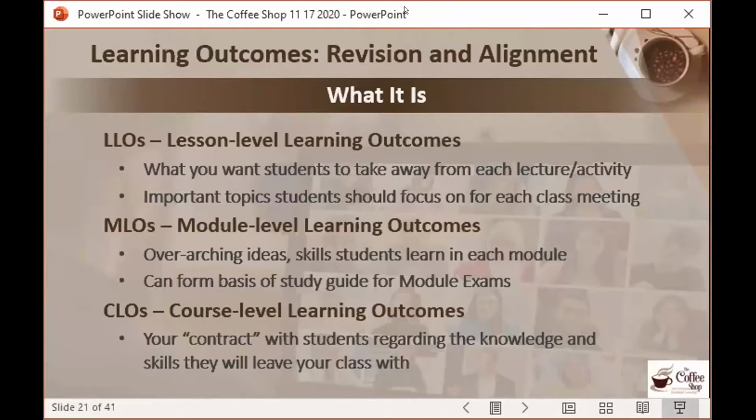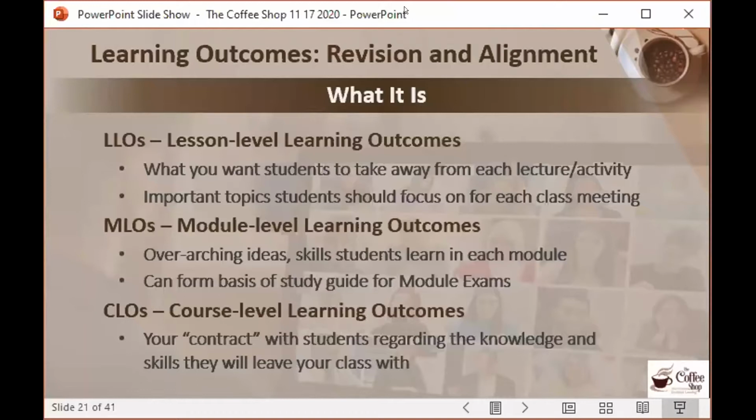It was so transformative for me that I started rewriting and realigning all of my learning outcomes for all of my courses. And it has really made a huge difference in how I teach and how my students are mastering these learning outcomes. So tonight I'm going to tell you about my process.